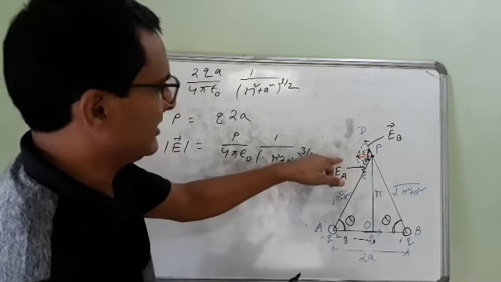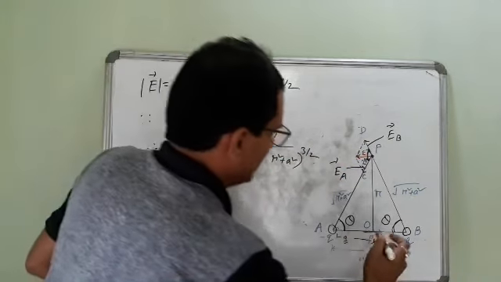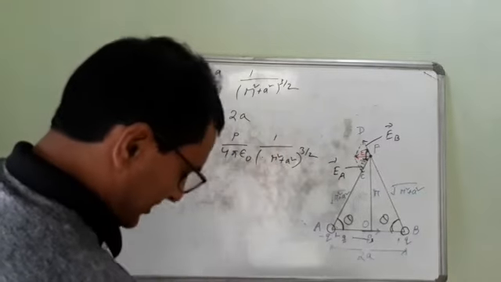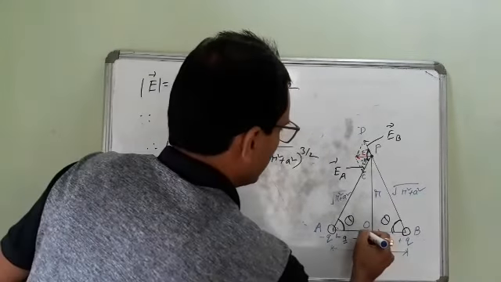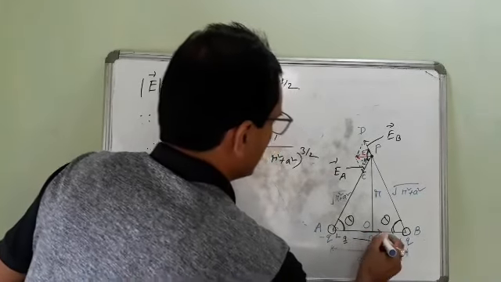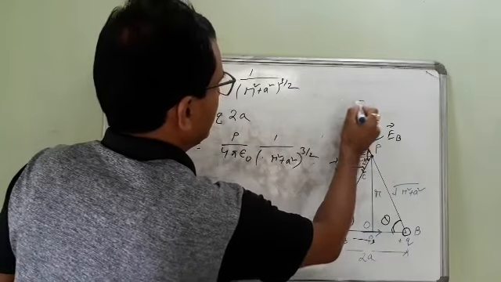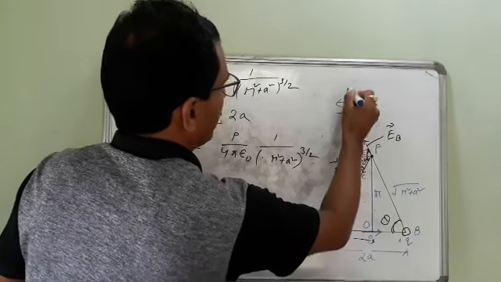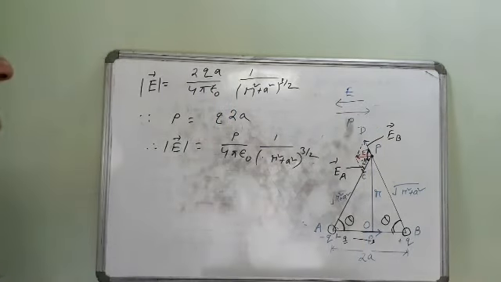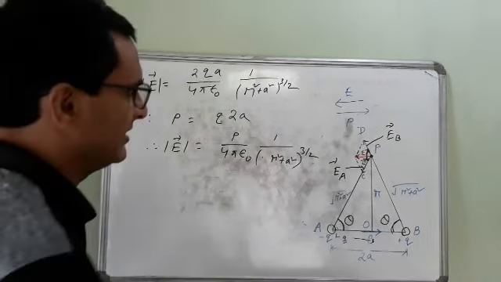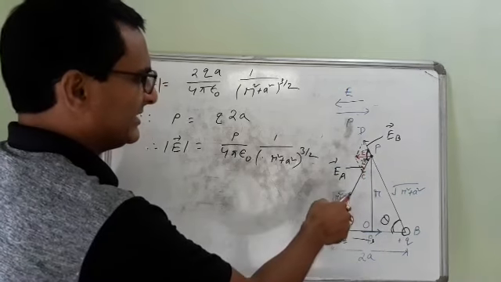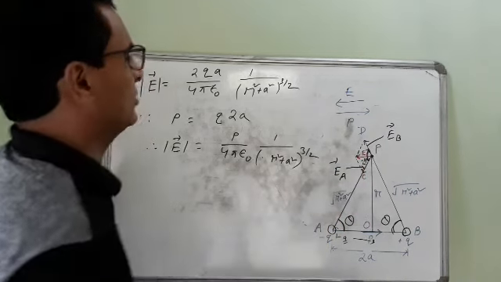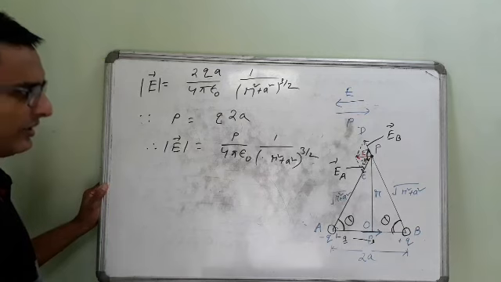So this is the direction of the electric field, and here this is the direction of the dipole moment. So E is directed in this way and the dipole moment is directed in that way. So what we have seen is that the direction of the electric field in this case is opposite to the direction of the dipole moment.